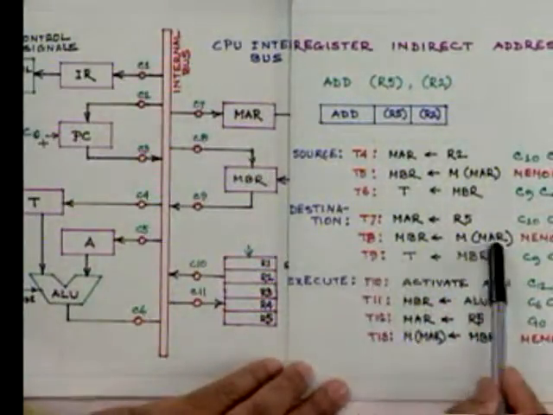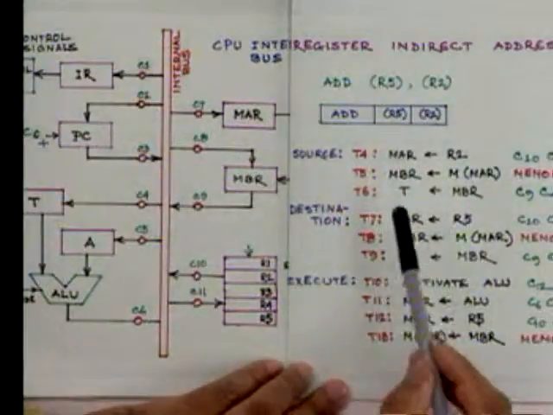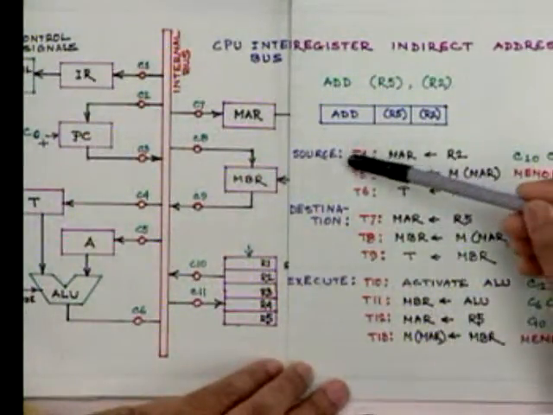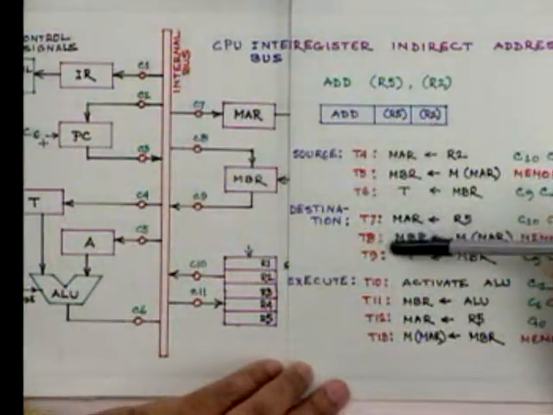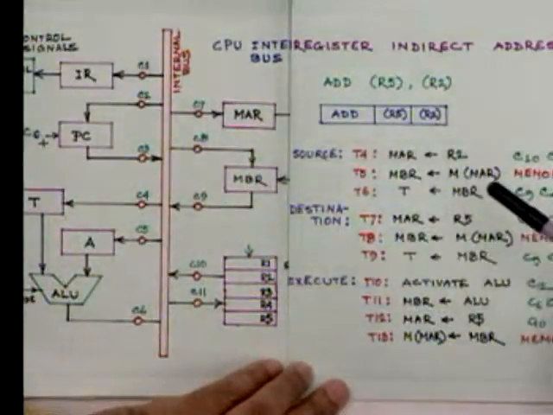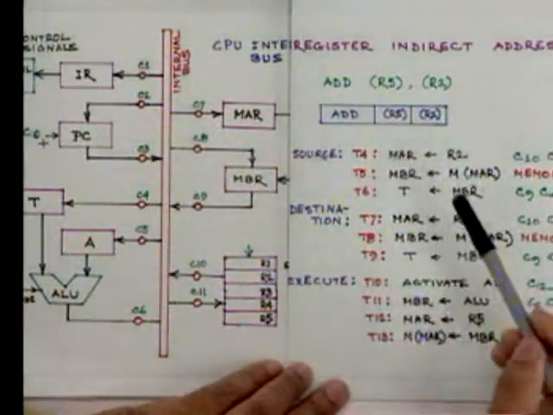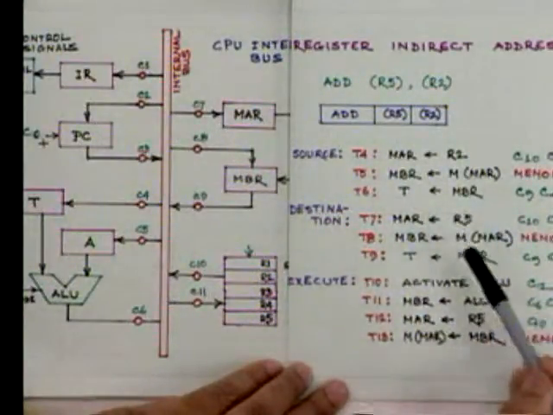In this destination cycle, while reading, it is almost similar to the source, because both are register indirect addressing, only the register changes.